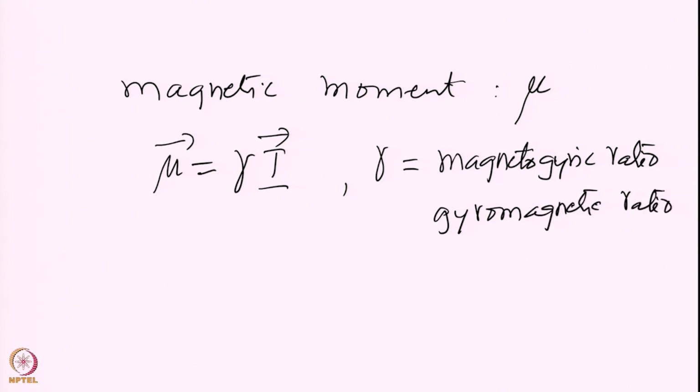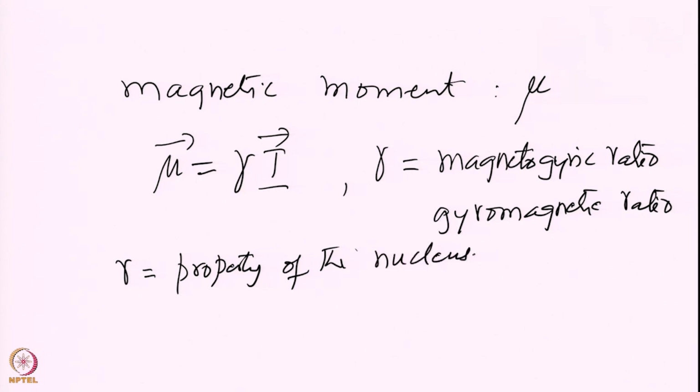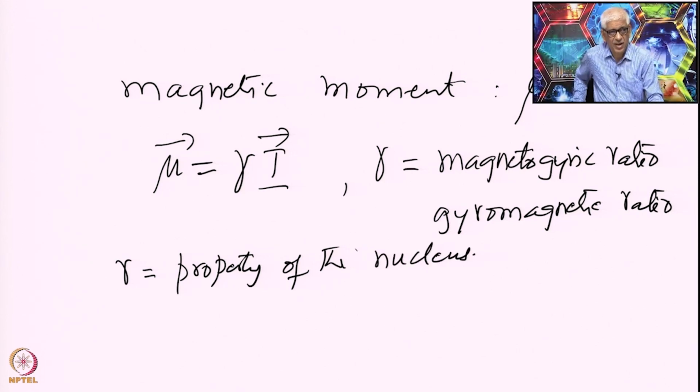Both are the same, and this is the property of the nucleus. Gamma is a property of the nucleus. What does that mean? Different nuclei which may have the same I value may have different magnetic moments.